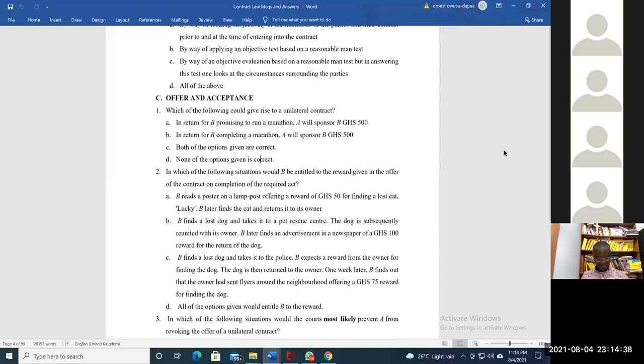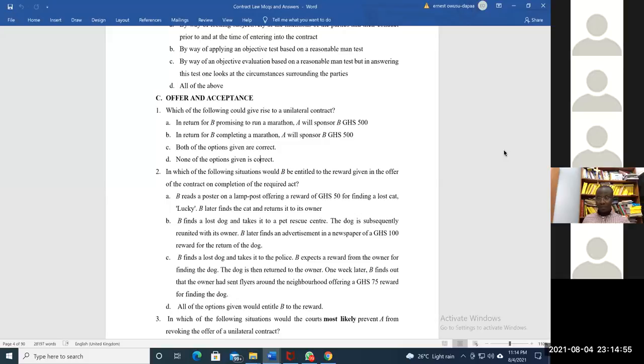So the concept should be that until the marathon is completed, he does not qualify for the sponsorship. And so I'll go for B rather, in line with the Carbolic Smoke Ball case, where there was a specification that the smoke ball ought to be used in a particular way to merit the prize. So I'll go for B rather.